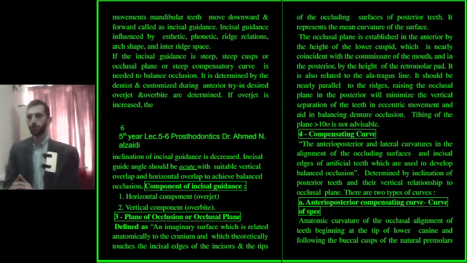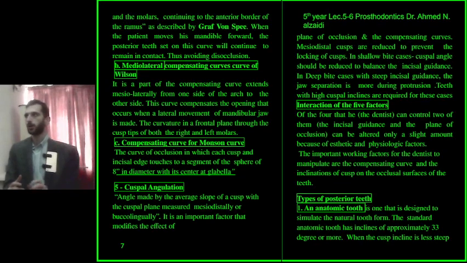A. Anterior-posterior compensating curve, curve of Spee. Anatomic curvature of the occlusal alignment of teeth, beginning at the tip of lower canine and following the buccal cusps of the natural premolars and the molars, continuing to the anterior border of the ramus, as described by Graf von Spee.